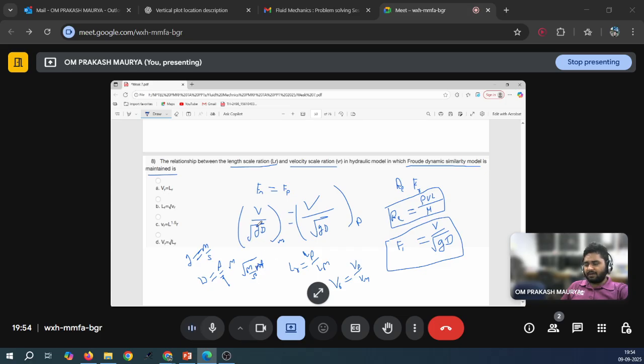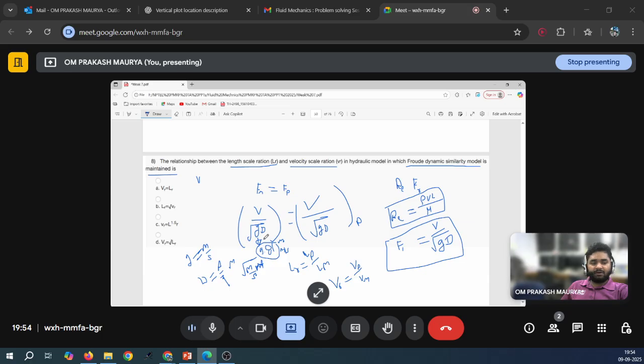So here you can write very easily Vm. For G, we have the acceleration due to gravity, the value 9.81 meter per second square.